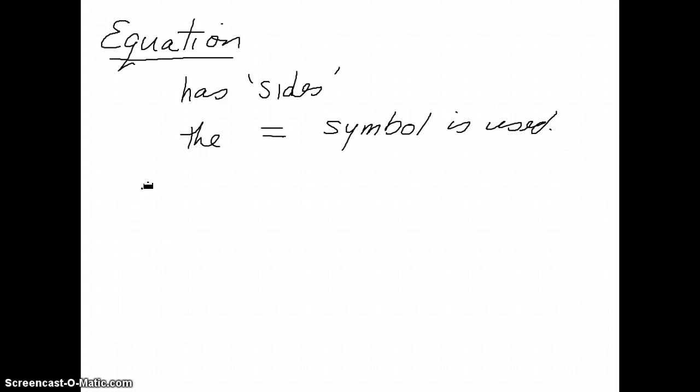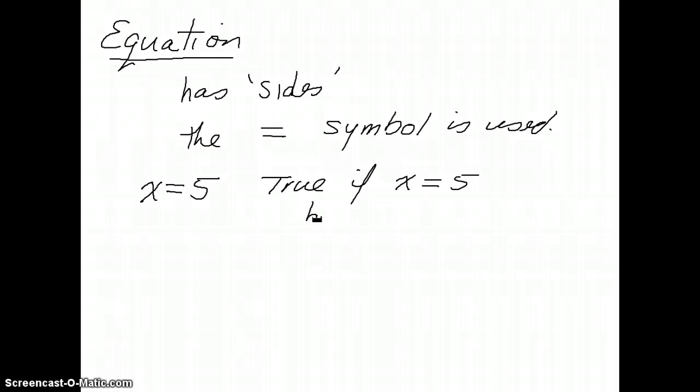For instance, x equals 5 is a fine equation, and it's true if x equals 5. Why? Well, because if I replace over here this x with 5, I get 5 equals 5, and we know that to be true.